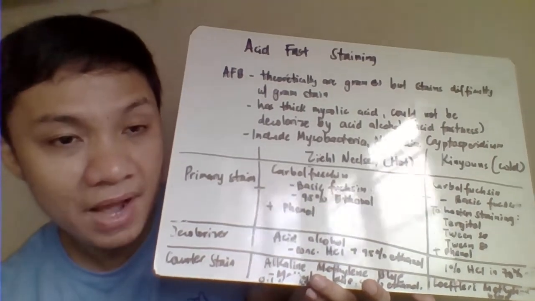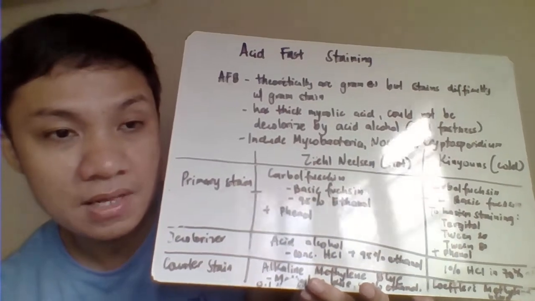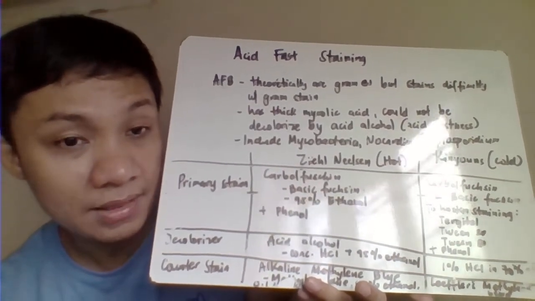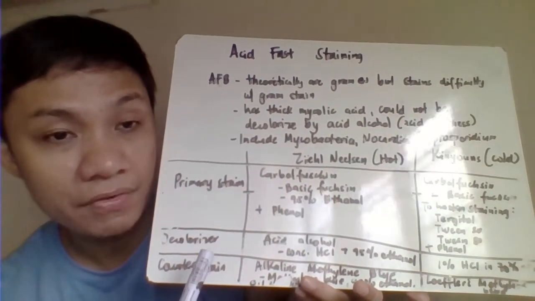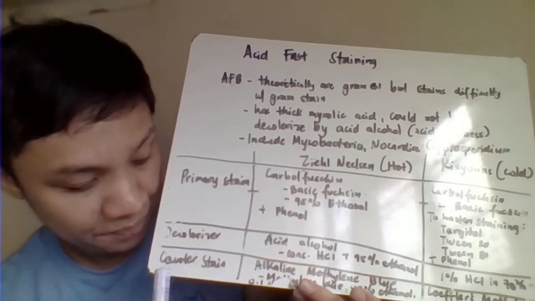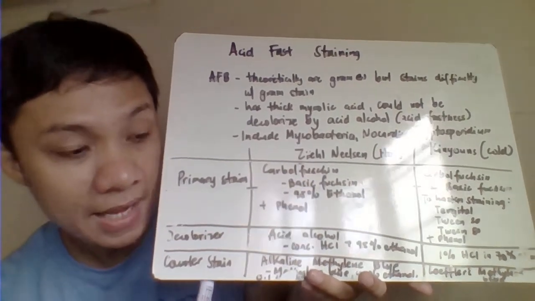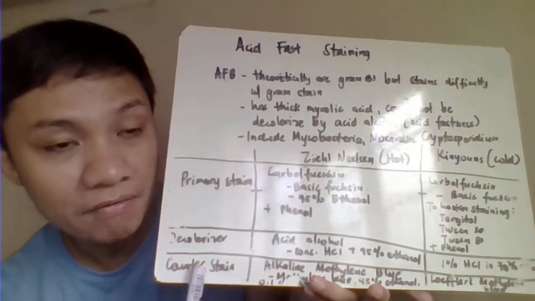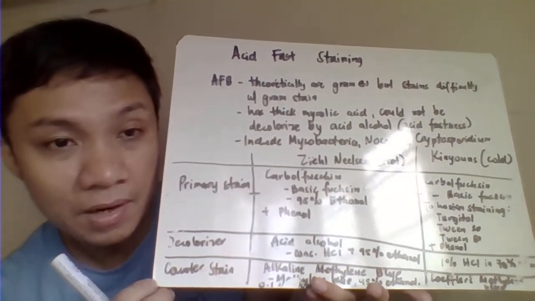Pero pag acid-fast, because they have a thick mycolic acid, they would try to resist here the decolorization. So, walang effect ang ating decolorizer, and therefore, nandun pa rin si primer stain na carbol-fuchsin natin. So, red pa rin color niya. Then if you try to add your counterstain, pag acid-fast bacilli, since andun pa ang primer stain, hindi magpi-penetrate itong counterstain.